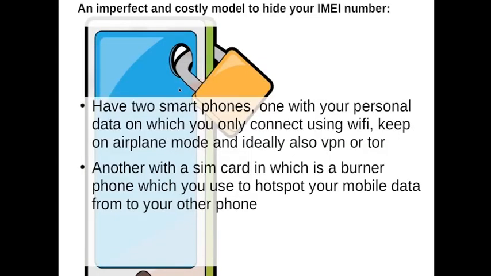And so here's some ideas to have perhaps an imperfect but slightly expensive model to hide your IMEI number. So the IMEI number is the hardware identification in your phone's modem. So your modem on your phone has an identification number, and this is transmitted by your phone to the phone network which you're connecting to, often when you initially connect to your phone network, and this is as well as your SIM card.